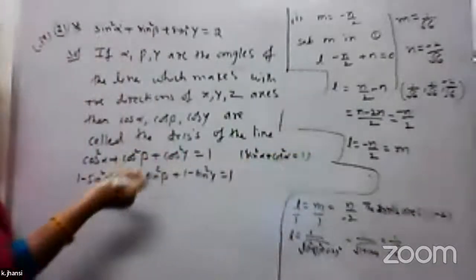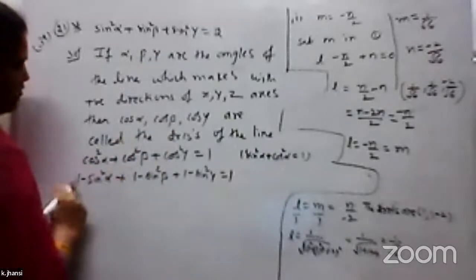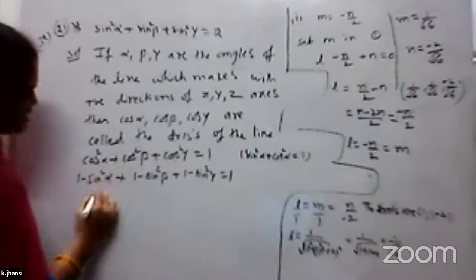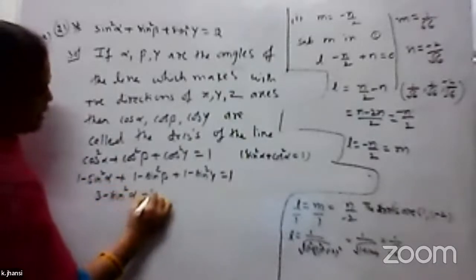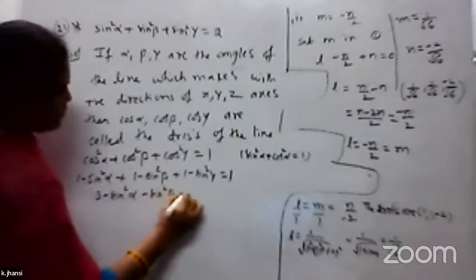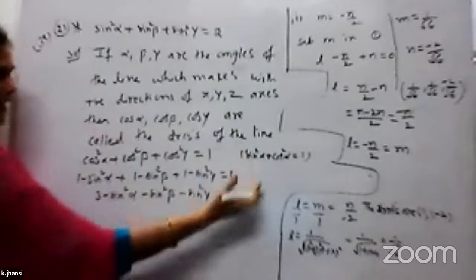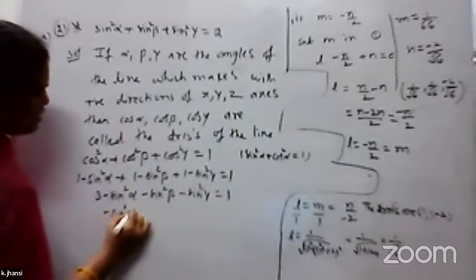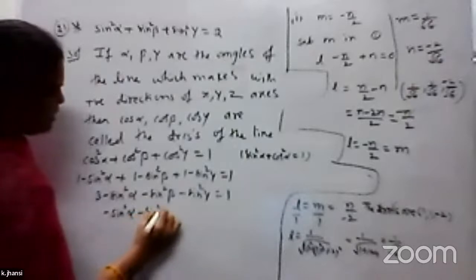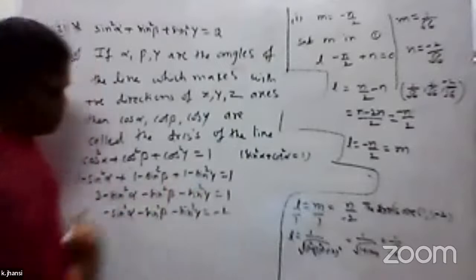So from that we can convert cos square alpha as 1 minus sine square. Okay, so here 1, 2, 3 ones are there. It is 3 minus sine square alpha minus sine square beta minus sine square gamma equals 1. So when you take this 3 to that side, you will get minus sine square alpha minus sine square beta minus sine square gamma equals minus 2. Okay.